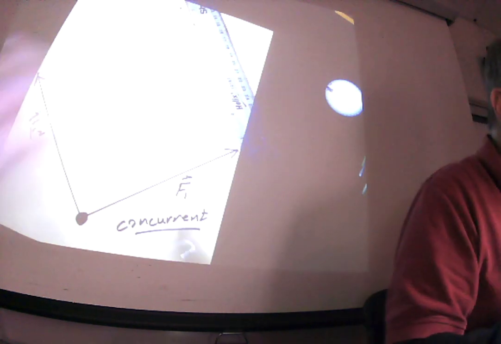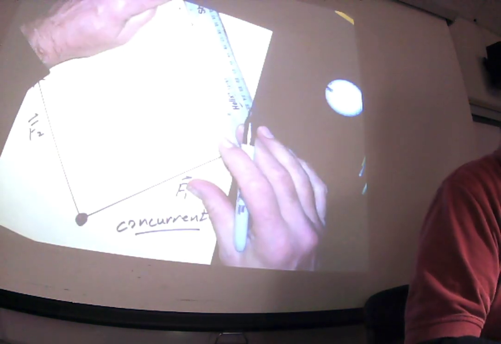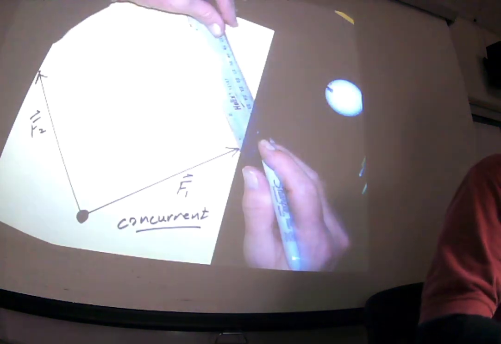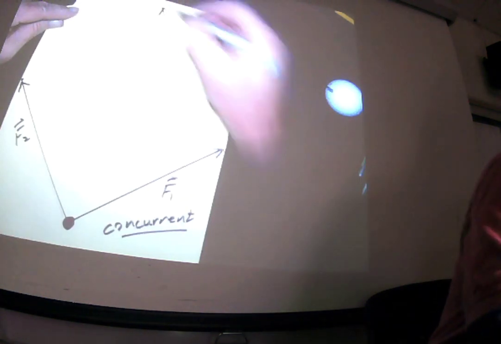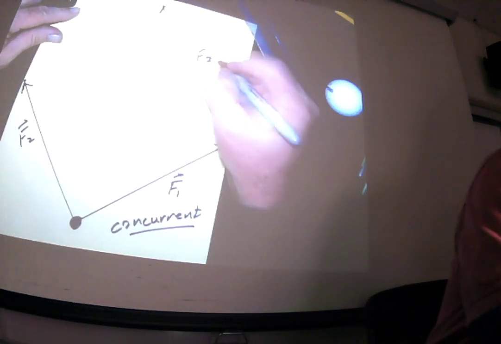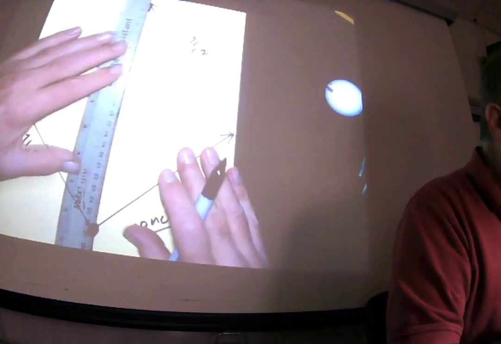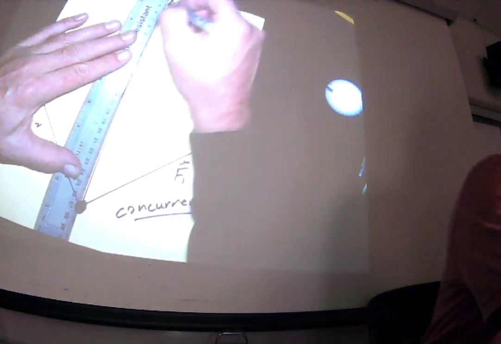And so by taking this vector and moving it to here, F2, then we get our resultant drawn from where we started to where we finished, like this.